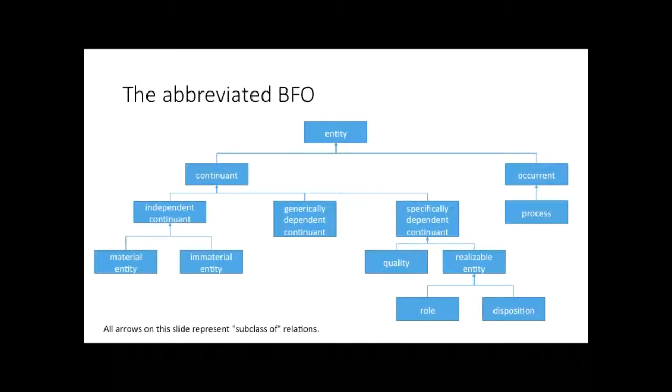So think about, what is Celtic folk music? Is that a continuant? Is it a realizable entity? And don't think about that because that's my domain. Think about your domain. Whatever you do, think about, are these entities, where do they fit here? The great thing about upper ontologies, it's like a set of drawers. You take the things in your domain and you put them there, and it already helps you a great deal.